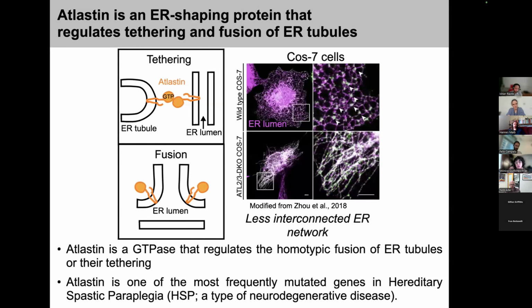But in non-neuronal cells, when people have looked at Atlastin null mutants, they've found that these cells have ER networks that are not as interconnected as observed in control cells, where you see this very beautiful honeycomb structure.